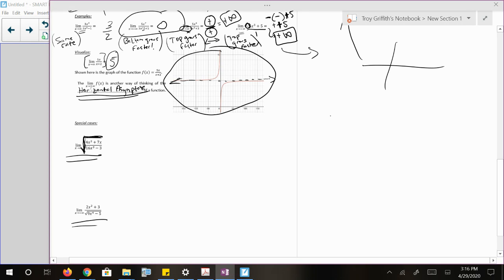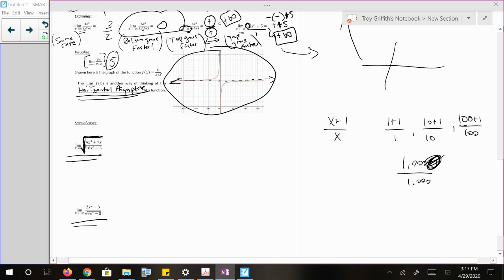If you were thinking about this as 1 plus 1 over 1, and then 10 plus 1 over 10, and then 100 plus 1 over 100, and then 1,000 plus 1 over 1,000, eventually we get to the point where this plus 1 doesn't really matter anymore. That's why if you were going to find the limit as x approaches infinity of this function, you would just get 1 divided by 1, which is 1, because eventually that plus 1 is so negligible it doesn't have much of an effect on the function.